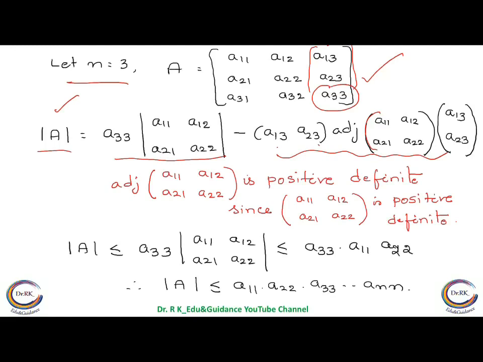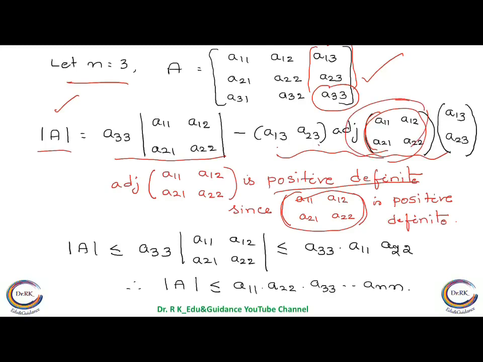And here we know the adjoint of the matrix a11 a12 a21 a22 is always positive definite, because this matrix is positive definite, as we proved when n equal to 2, and we are making use of it. So the adjoint of that is positive definite.